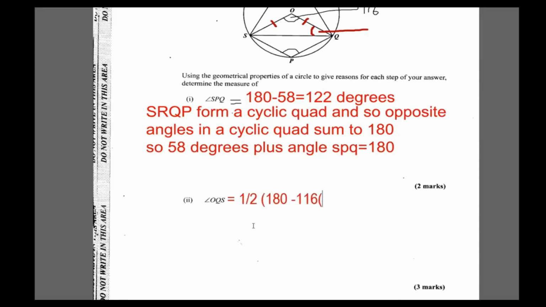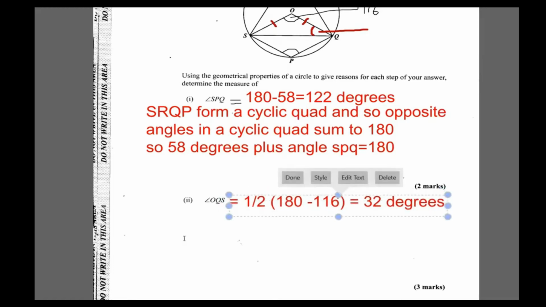So angle OQS works out to be 180 minus 116 divided by 2, that's 32 degrees. That's angle OQS. Now that we have angle OQS, we can clearly state that angle OQS is equal to 32 degrees.